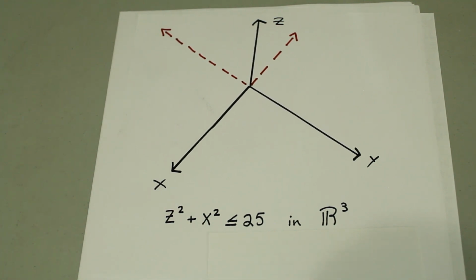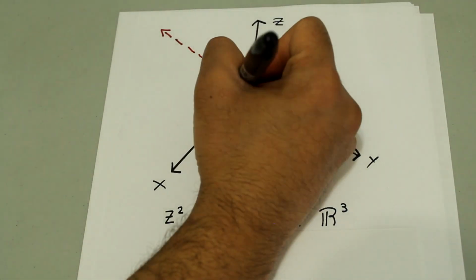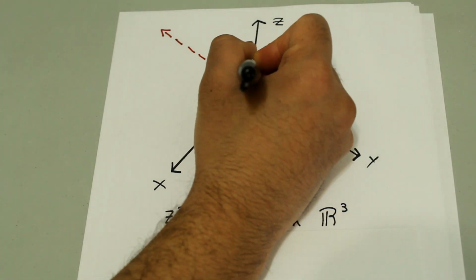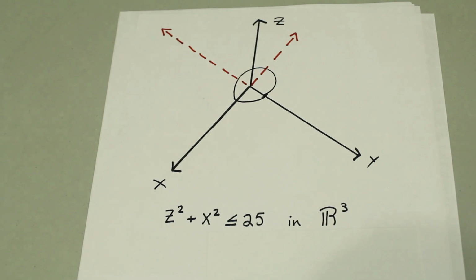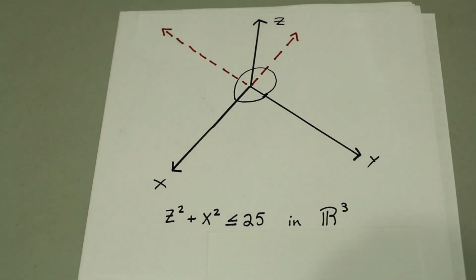Well, once again, let's start with drawing the circle on the xz plane. We'll just say that this is a circle with a radius of 5. But since it is in 3D coordinates and we're not given anything about y, the y can be anything.